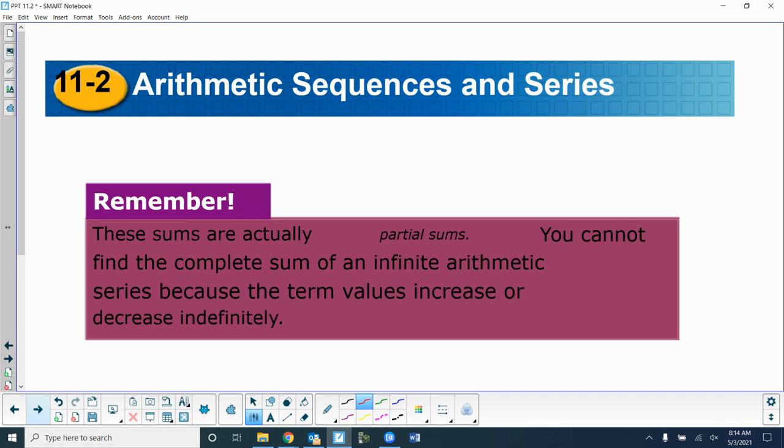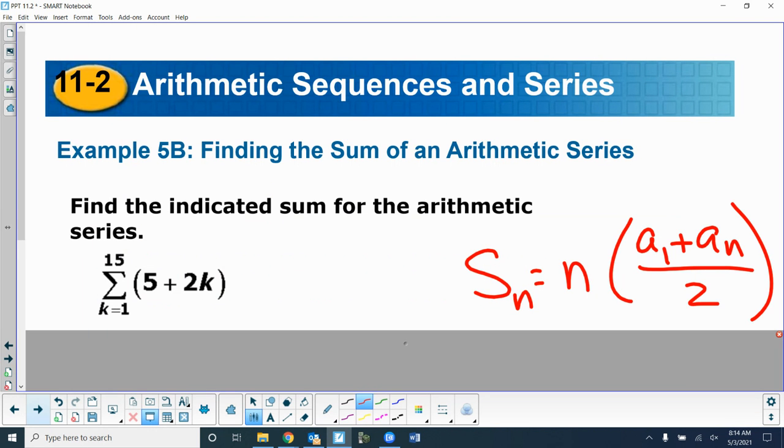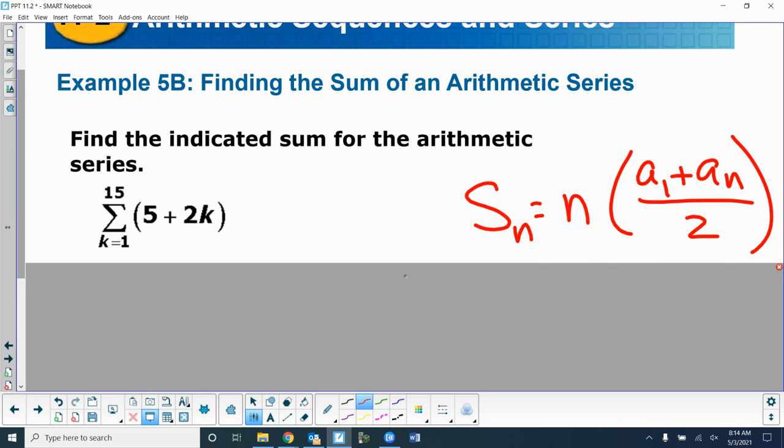Same thing. You just have it in summation notation. So you gotta find the first term and which term? 15, right? So you're gonna plug in 1 for k and 15 for k to find those. And then you're gonna put what you got for the first term there, and what you got for the 15th term there, and then n would be 15.